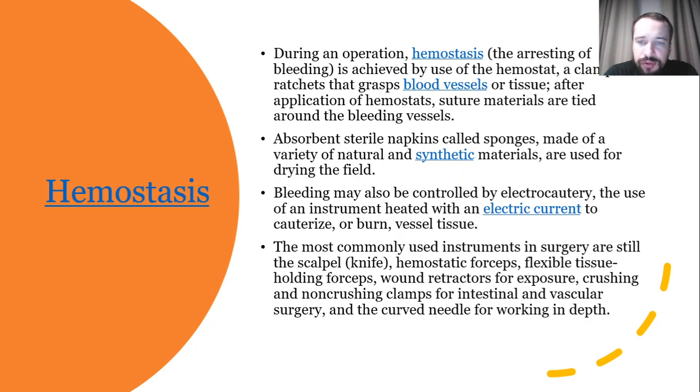Bleeding may also be controlled by electrocautery, the use of an instrument head with an electric current to cauterize or burn vessel tissue. The most commonly used instruments in surgery are still the scalpel or knife, hemostatic forceps, flexible tissue holding forceps, wound retractors for exposure, crushing and non-crushing clamps for intestinal and vascular surgery, and the curved needle for working in depth.